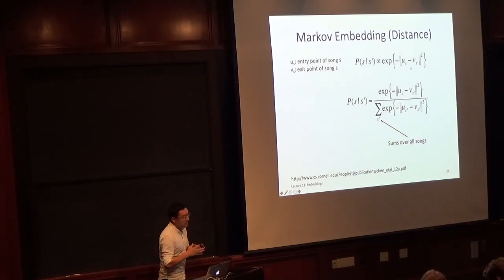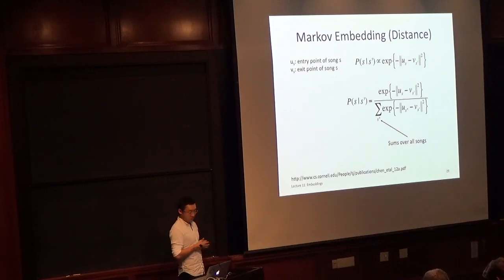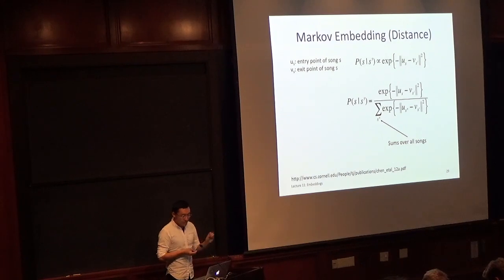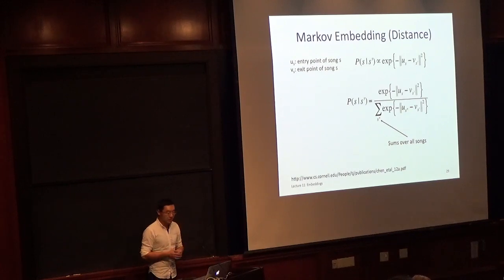So u and v are two embeddings that we're going to estimate. You can think of u sub s as the embedding of the entry point of a song, and you can think of v as the embedding of the exit point of a song in some abstract space.